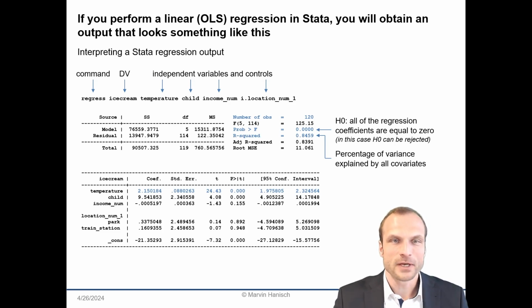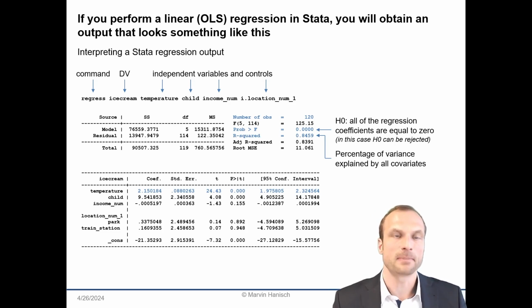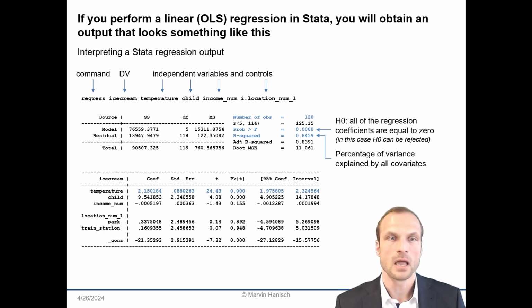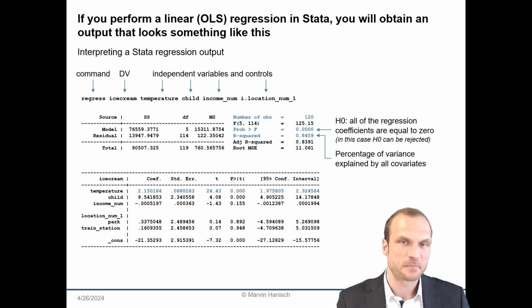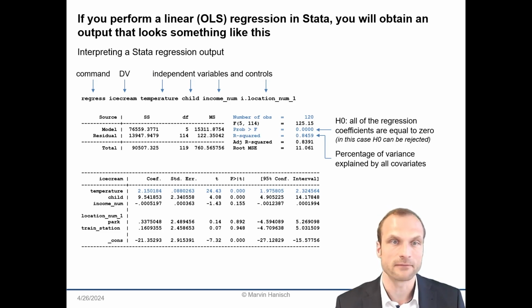The next value of interest is the R-squared value, which is the percentage of variance explained by all the covariates. In our case, we can explain 84% of the variance in our dependent variable with our current set of variables. This is a very high value. In the social sciences, you will typically find values between 20 to 40%.